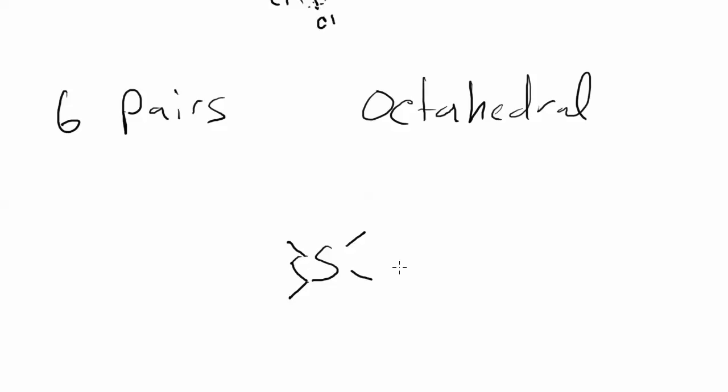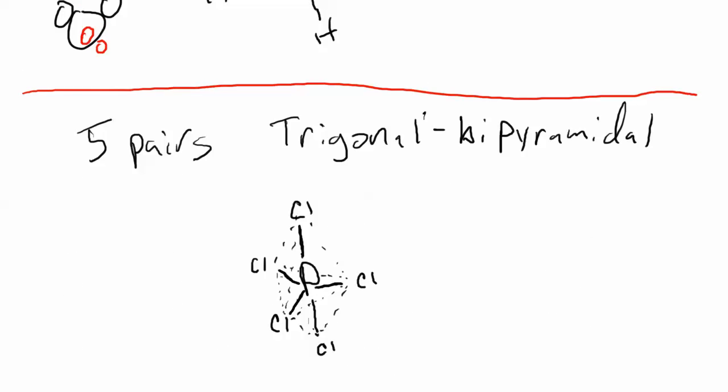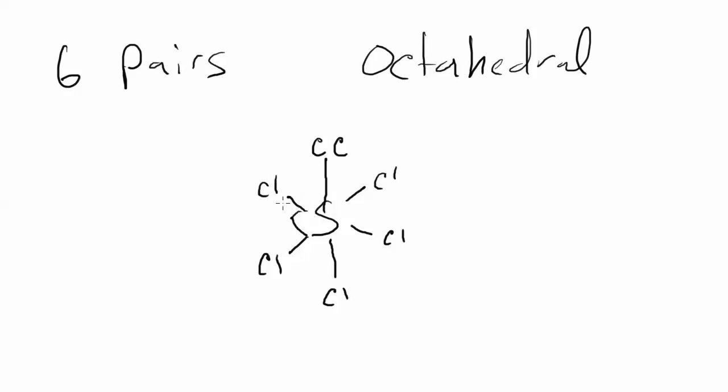So this would be 90 degrees right here. Let's say that this is chlorine. And those are all in a plane with each other. And then you've got one coming straight up at 90 degrees and one coming straight down at 90 degrees. So it's similar to the bipyramidal shape, except the pyramids here don't have 3 sides, they have 4 sides. See the 4 sides, 1, 2, 3, 4. So there's a pyramid there that's got 4 sides, and then there's a pyramid on the bottom that's got 4 sides.